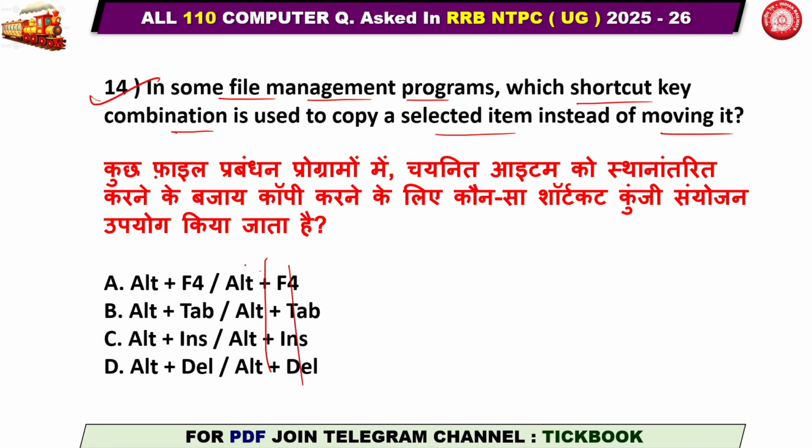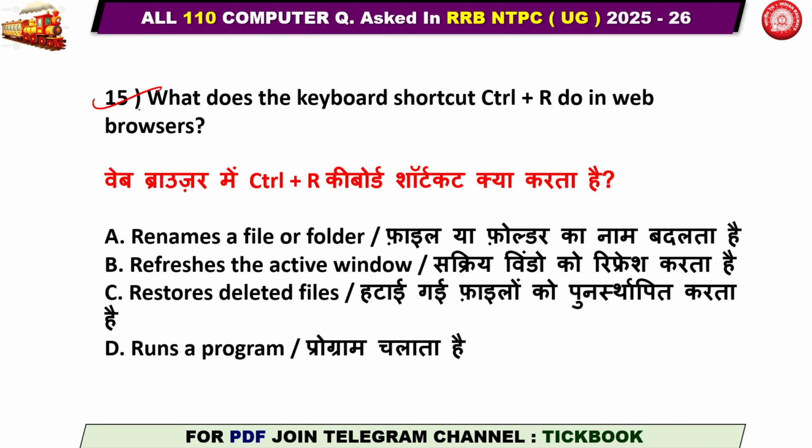Option number C is the right answer, Alt plus INS. 15. What does the keyboard shortcut Ctrl plus R do in web browsers? Option number B, refreshes the active windows.